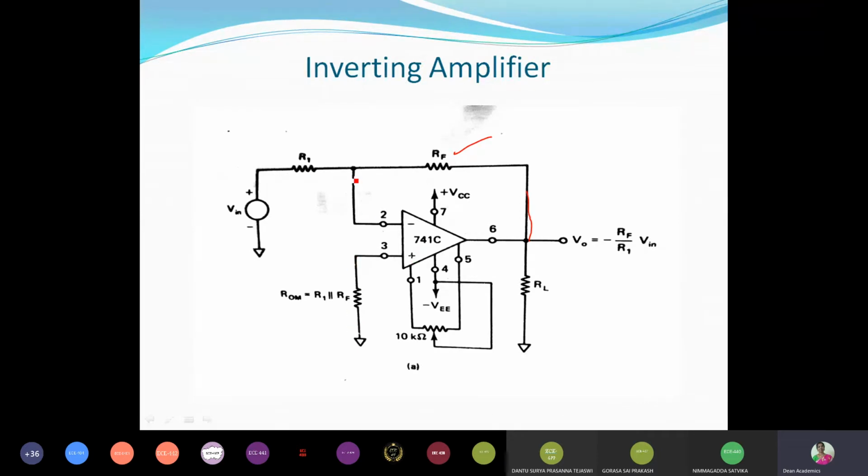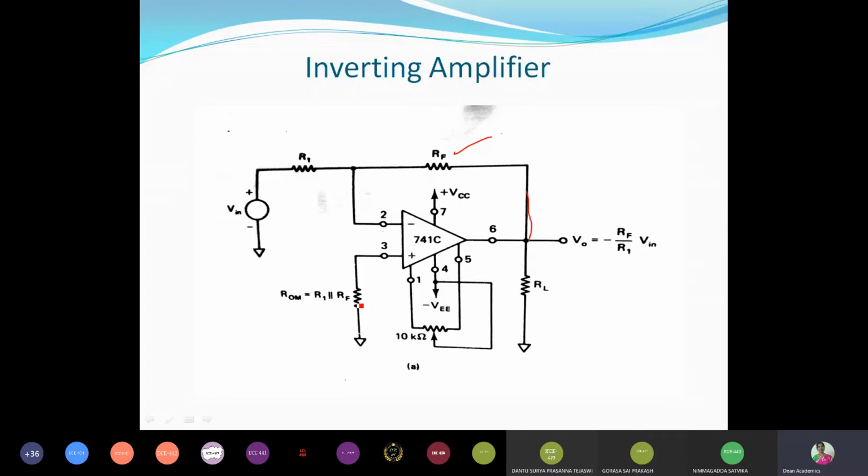For the non-inverting input, some null adjustment values will be connected here, some resistor here. So you need not think much about it. It is almost like ground only. If there are any offset adjustments, we have that.